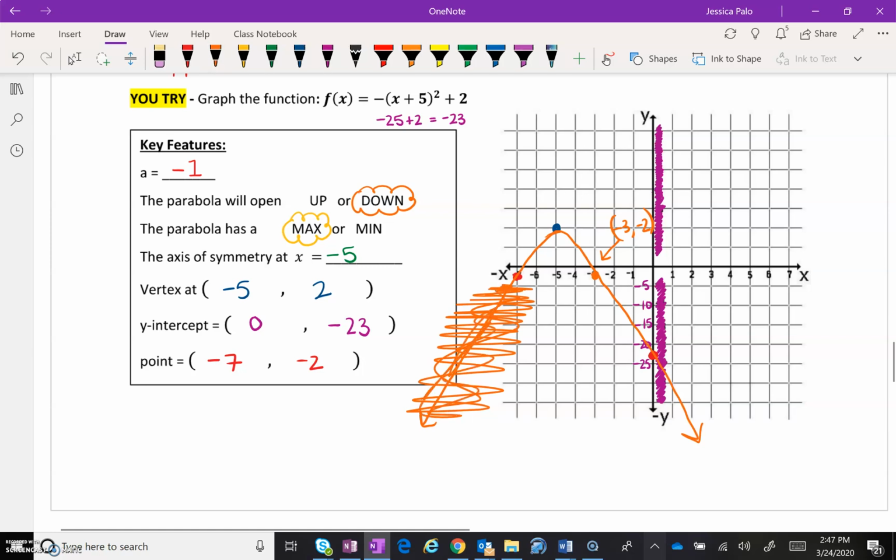And that's fine. But I wanted to show you that it could still be symmetrical. So then, just to prove that this would still work, I found my other symmetrical coordinate with a y value of -2. It would be -3, -2. That would make this point symmetrical.